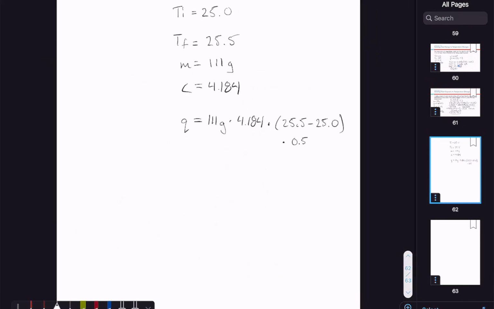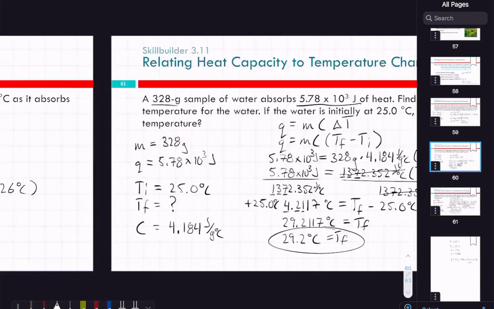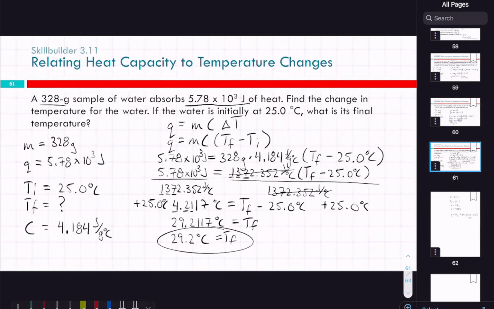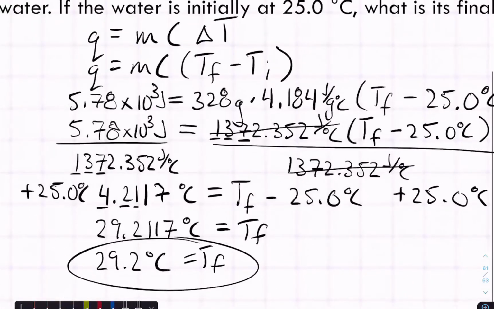The problem before that, though, I didn't understand why you added the 25. Oh, I added the 25 to both sides? Yeah. I did that because this is minus 25, so it means it's like plus a negative 25. So you would need to zero it out.